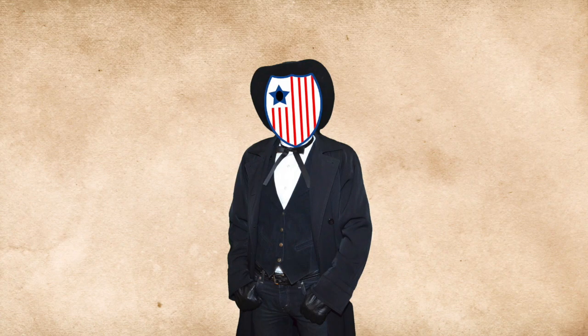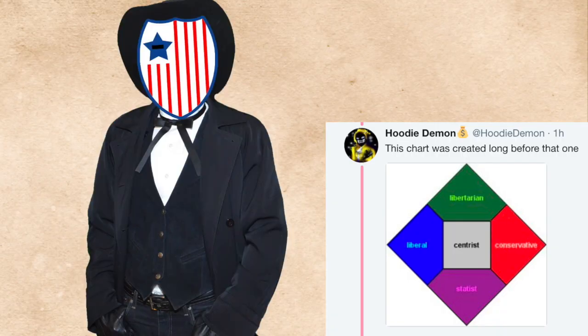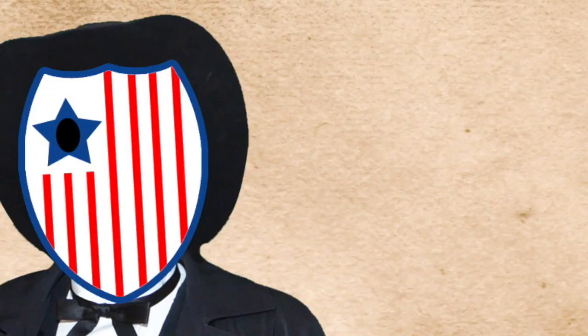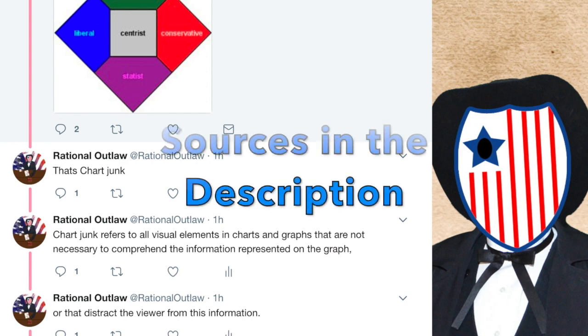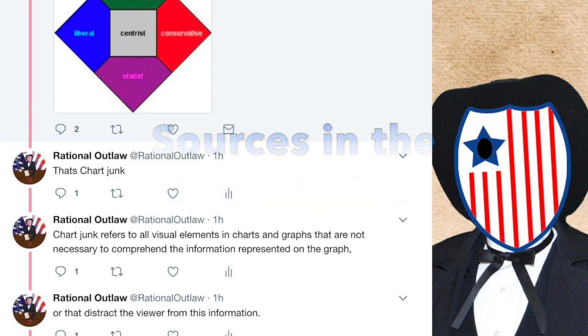Hoodie Demon then responded to me by showing this stupid chart. It's complete chart junk. And I mean literally chart junk. That's the definition of what you would call chart junk. And the definition for chart junk is a chart that refers to all visual elements in charts and graphs that are not necessary to comprehend the information represented on the graph, or that distract the viewer from this information.